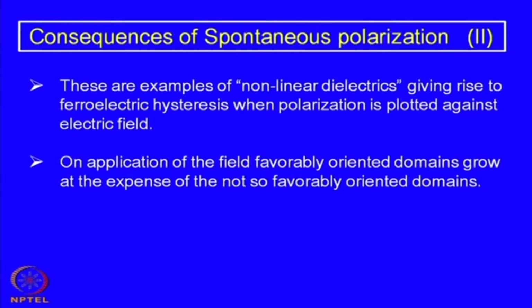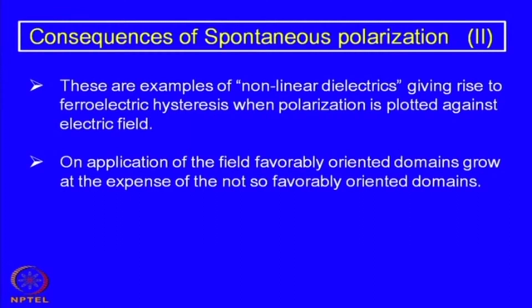To start with, some of the domains will be favorably oriented with the direction of the electric field, whereas others will be completely misaligned. When you apply the electric field, favorably oriented domains try to grow in size, and the unfavorably oriented ones want to shrink.